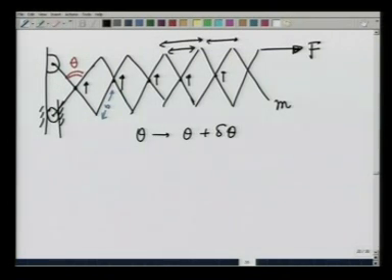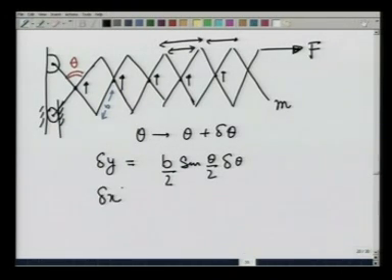We have already calculated that delta y for each point is equal to b over 2 sine of theta by 2 delta theta, and delta x for each of this gap opens up by b cosine of theta by 2 delta theta. So, if there are n such links, delta x for n is going to be n times as much, n times b. Delta y for each joint is going to remain the same.